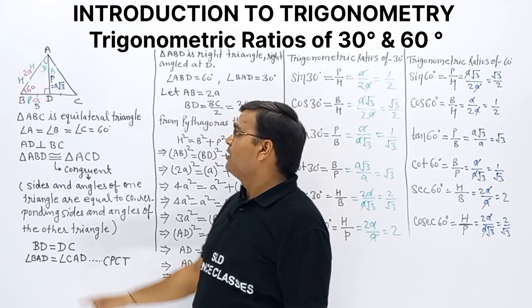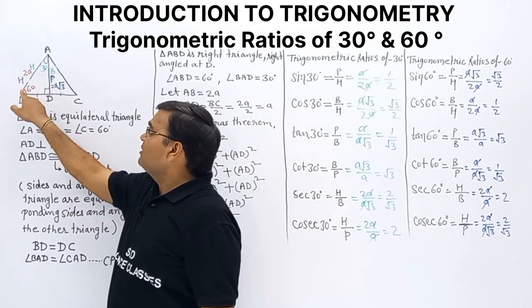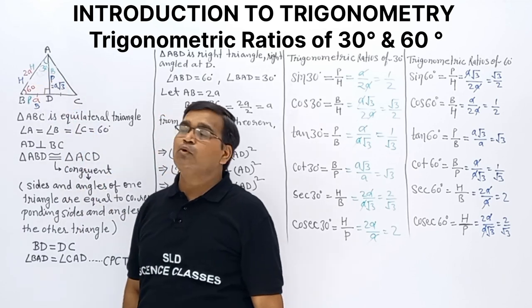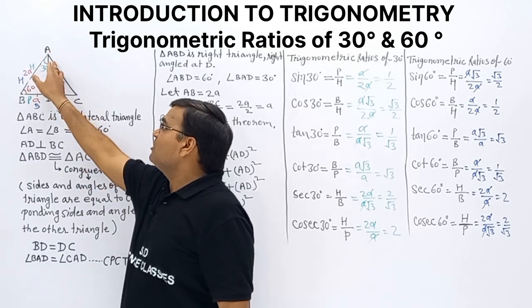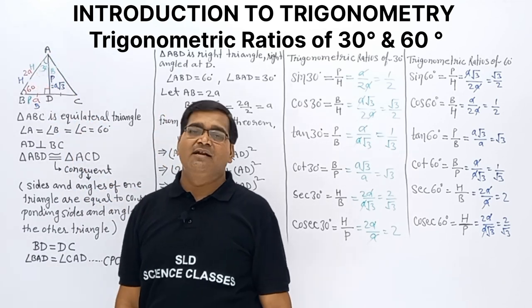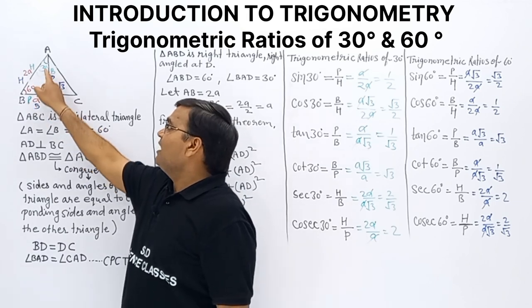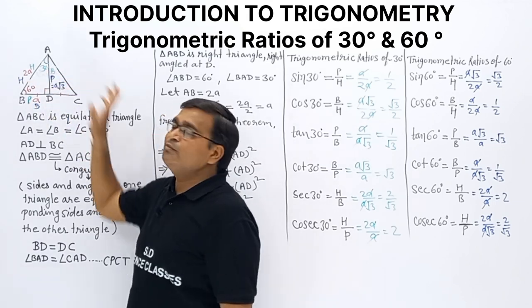Clear? So for this right triangle, this one will be the 60 degree and this one will be 30 degree. Why? Because this perpendicular is dividing this angle into two parts and it is bisecting, so both will be equal, and this triangle is congruent to this triangle.